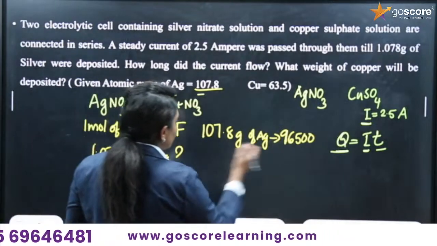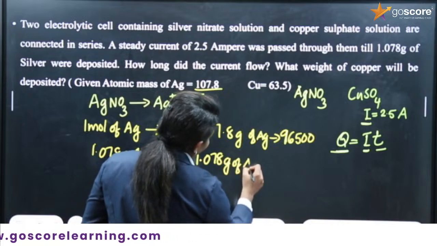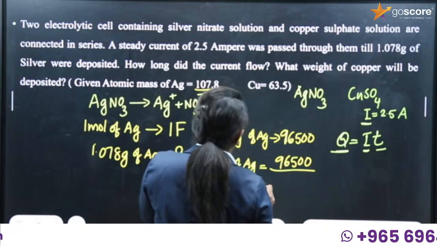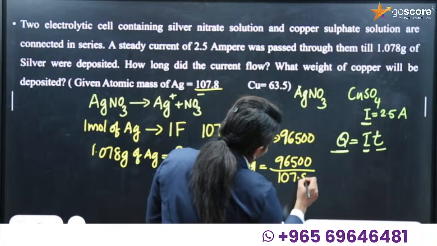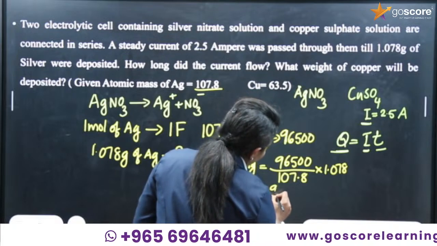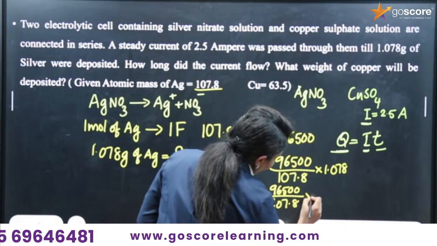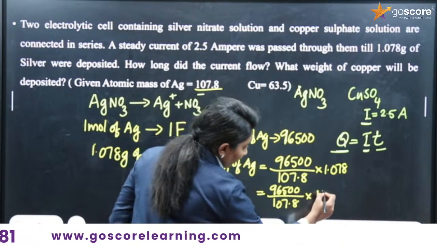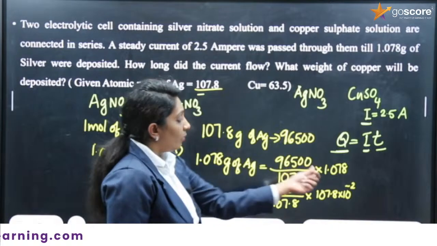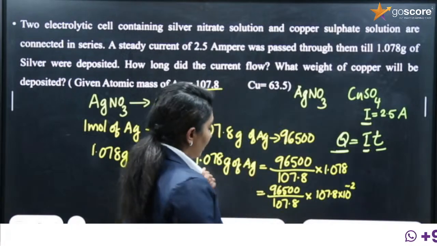For 1.078 gram of Ag, it will be equal to 96,500 divided by 107.8 into 1.078, right? I can rewrite 1.078 as 107.8 into 10 to the power minus 2.